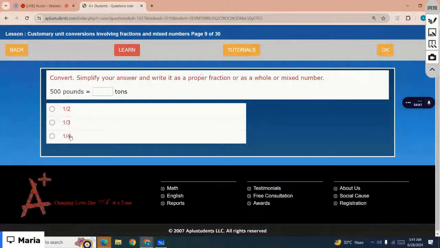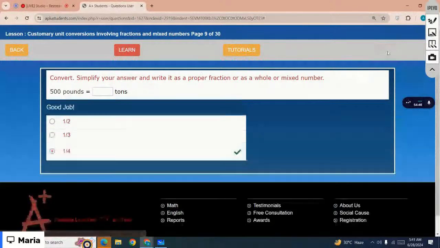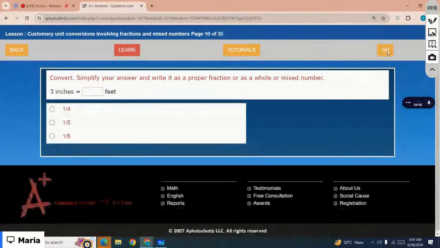One fourth of a ton, right? Because one ton equals 2,000 pounds. That is 1/4. 3 inches equals how many feet? The correct option is 1/4 of a foot, right?